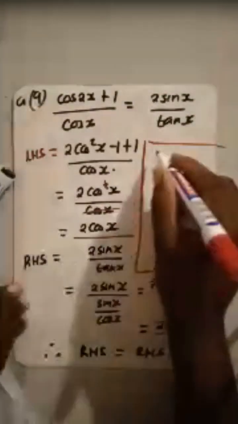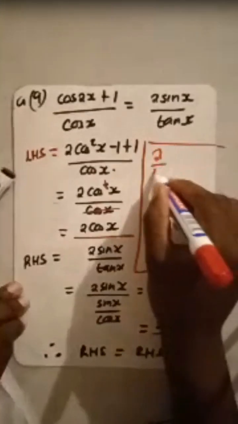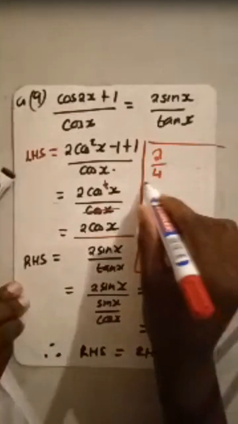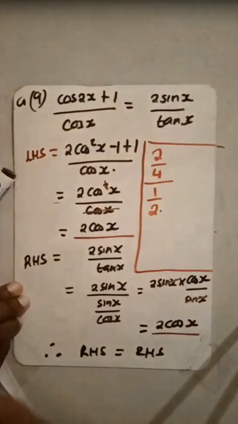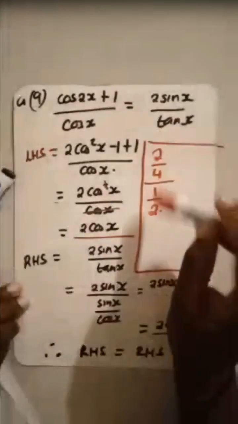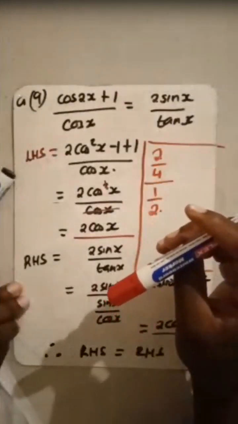Yes, sir. We can have 2 over 4 divided by half. This is a fraction divided by what? A fraction. Right?